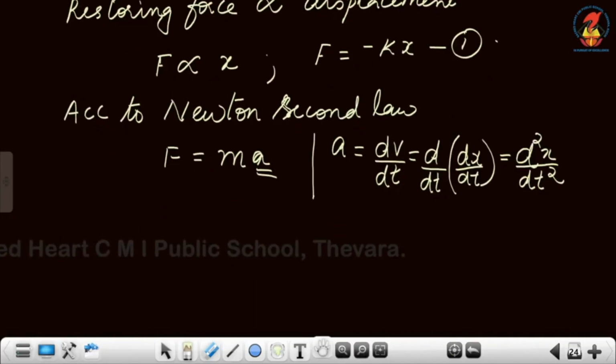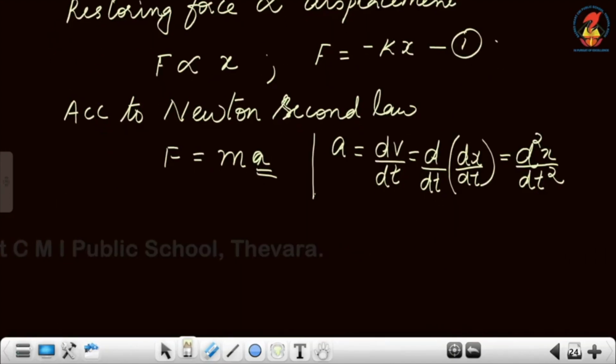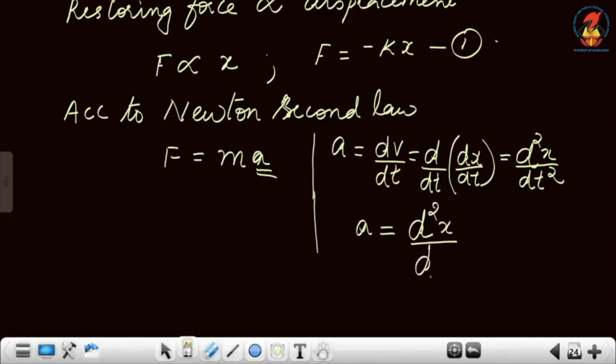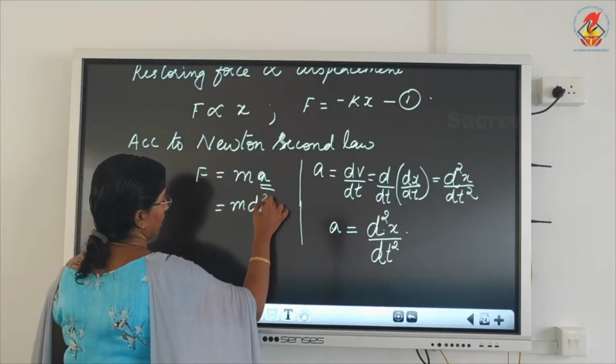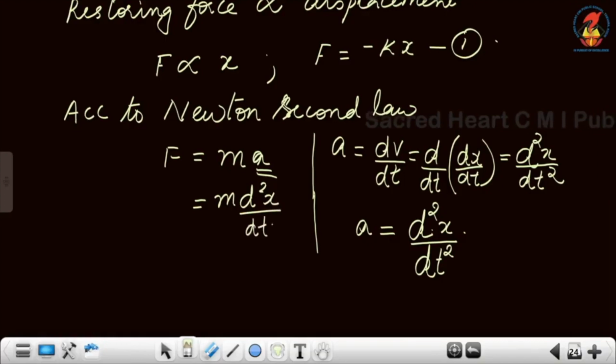So we can write acceleration in terms of displacement as a is equal to the second derivative. d by dt means the first time we are differentiating, d square by dt square means the second time we are differentiating. So the second derivative of displacement is represented as d square x by dt square. So instead of a, we can write this equal to m d square x by dt square.